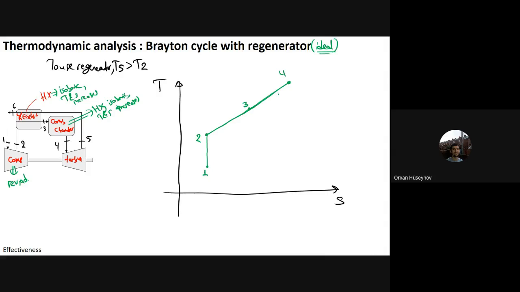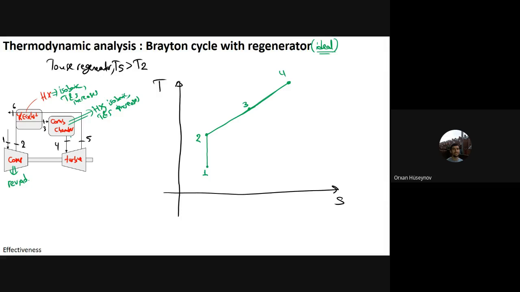Now we come back to the turbine, which is 4 to 5. When you drop from 4 to 5, you should remember that the turbine outlet temperature T5 should be greater than T3. If it is ideal, they can be equal.